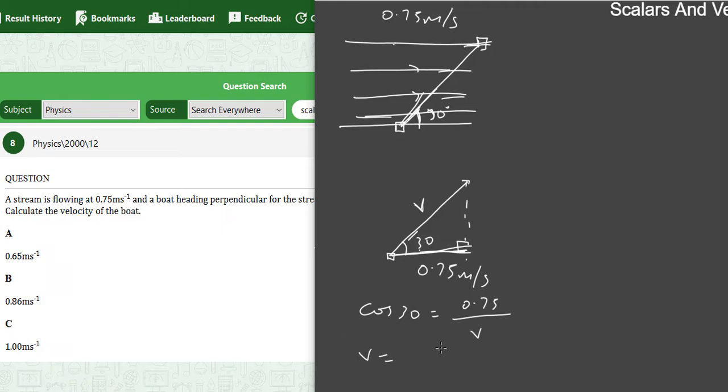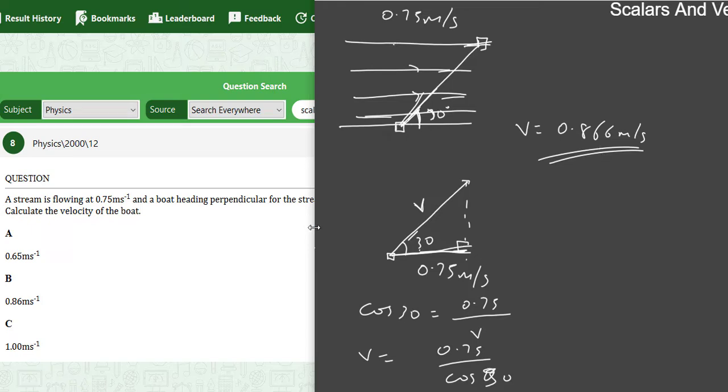So hypotenuse is 0.75 divided by cos 30, right? Then if you do this mathematics, you're going to get 0.866 meter per second. So this is the velocity at which the boat will travel.